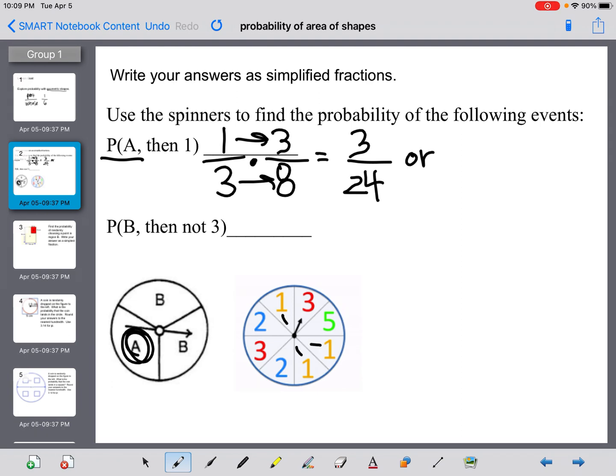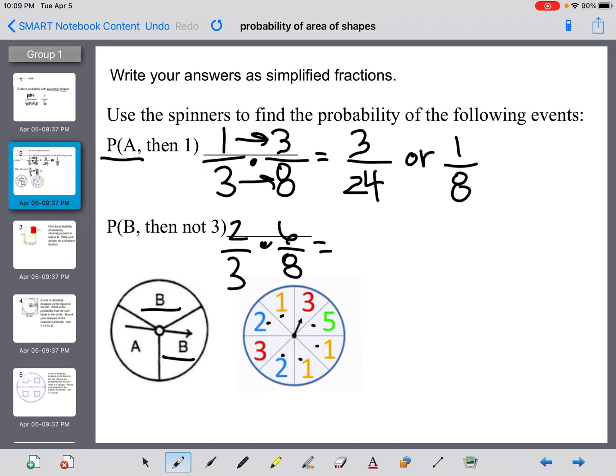Or we discovered sometimes that answer isn't a choice. Then we simplify and hope that 1/8 is a choice. Same thing for the next one. I would like the probability of getting a B, 2 out of 3. Not a 3, 1, 2, 3, 4, 5, 6 out of 8.